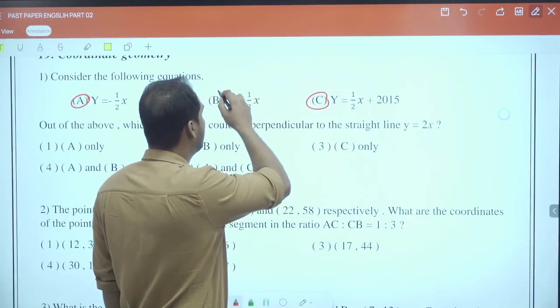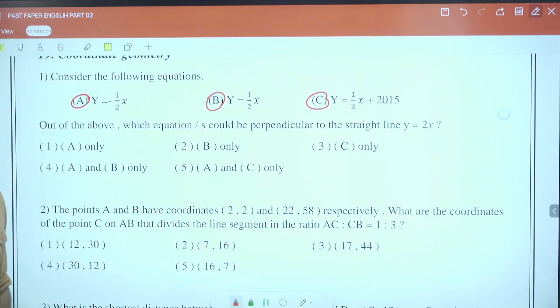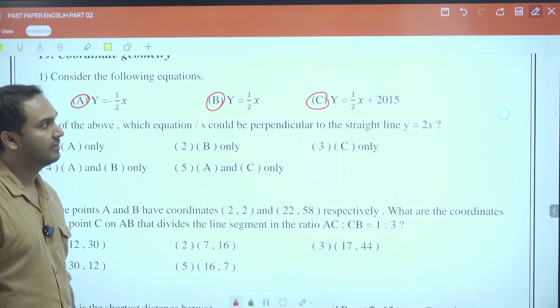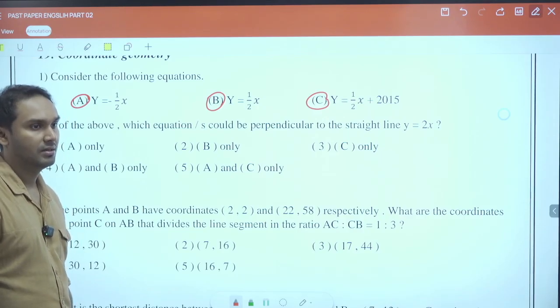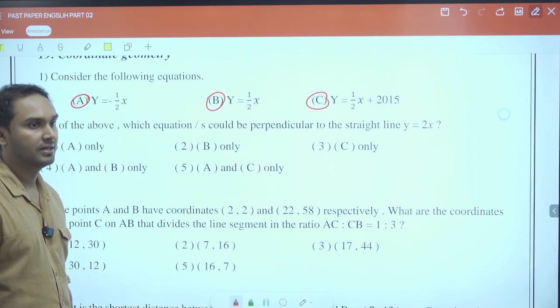Sometimes this is given in the standard way, y equals mx plus c. But in some cases they don't give it in the standard way, so you have to reconstruct it back to the standard form, which will change the minus and plus values.